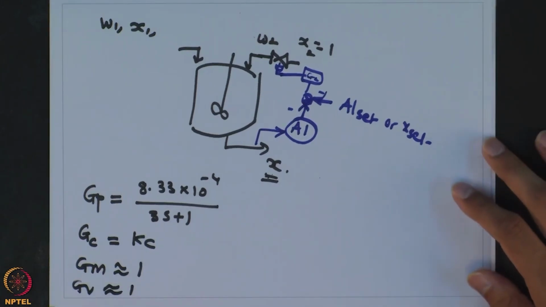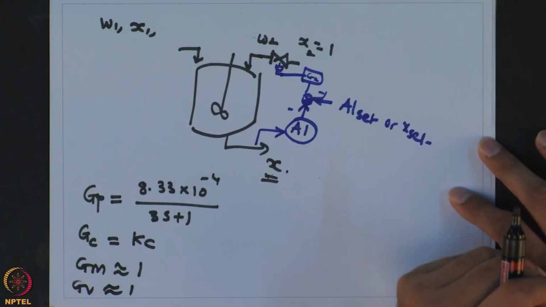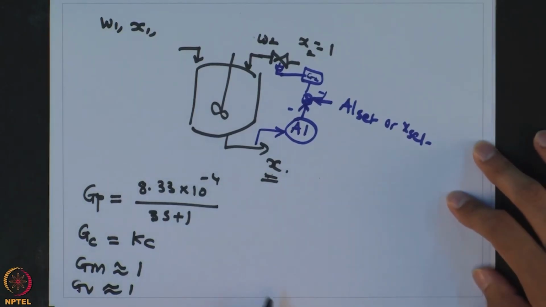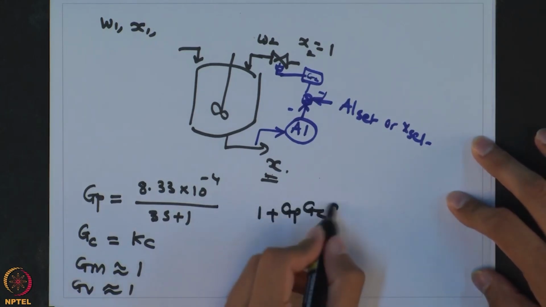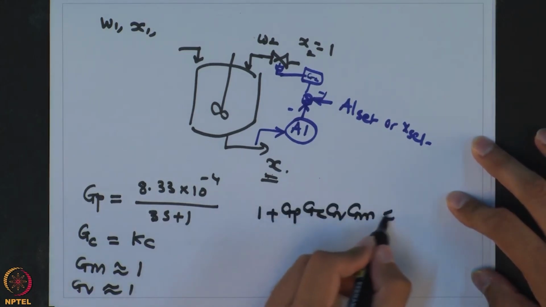So in that case, if we are trying to do the analysis in the Laplace domain, what we will find is that the closed loop characteristic equation is 1 plus Gp, Gc, Gv, Gm equal to 0.